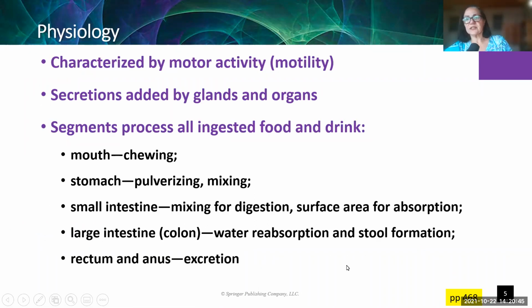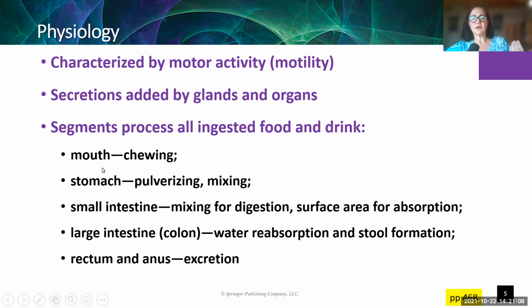And then physiology, it's all about moving things through. We have secretions that get added by glands, like the salivary glands, and organs, two notable ones, the liver, which we'll cover next week, and the pancreas, which we'll be covering today. So the different segments have different jobs.